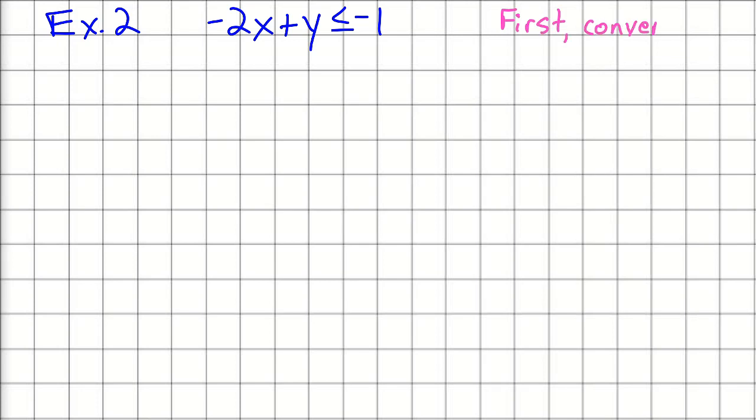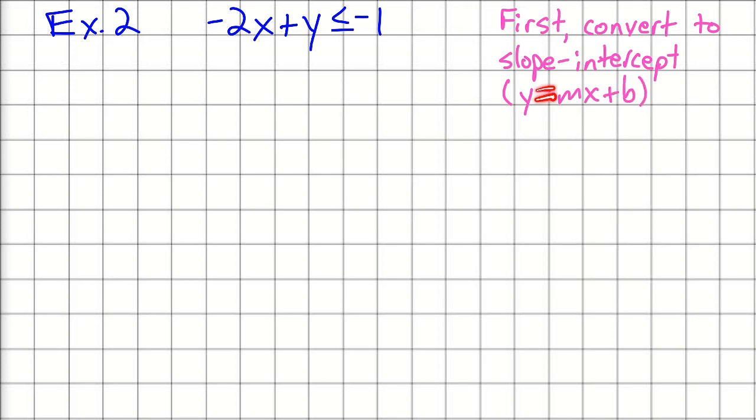The next example, example 2, is going to be a little more complicated. You'll have to do this sometimes. Notice that in this case, it's not solved for y, so you'll need to solve for y. We need to first convert to slope-intercept form, and slope-intercept is y equals mx plus b.